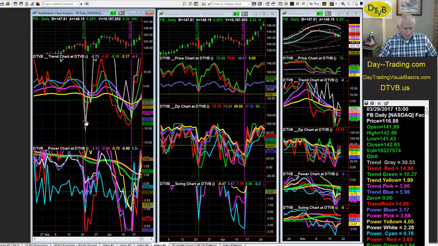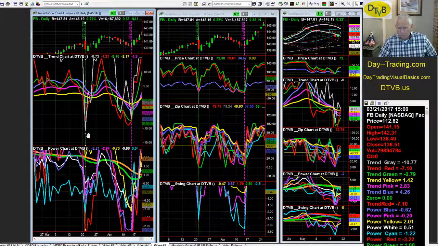And when we do, in this case, we have trend gray at -10, red is at -7, and the green is at -0.7. So we have all three of the fast trend lines underneath the blue, the trend trio, and in this case even under the zero.